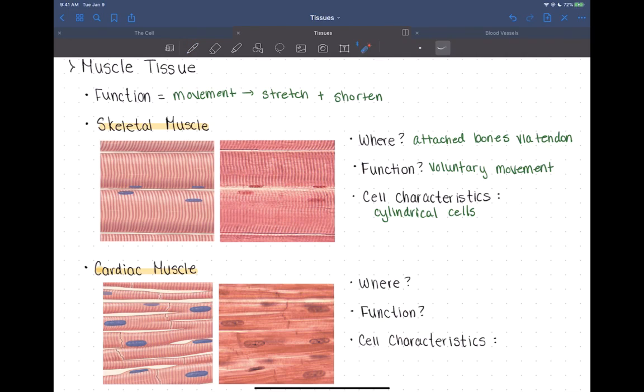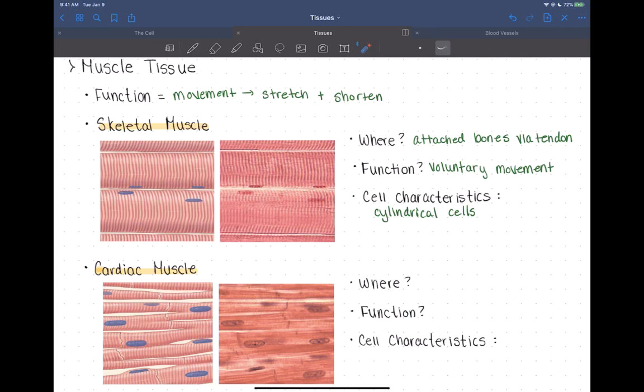And so you can see, like, this would be one muscle cell. And this would be another muscle cell here, all right? And this muscle cell would keep going. Some muscle cells are even as long as the actual muscle itself. So if you think about your biceps muscle, in your upper arm, you would have many muscle cells traveling the entire length of that bicep muscle. So they can be very long, these skeletal muscle cells.